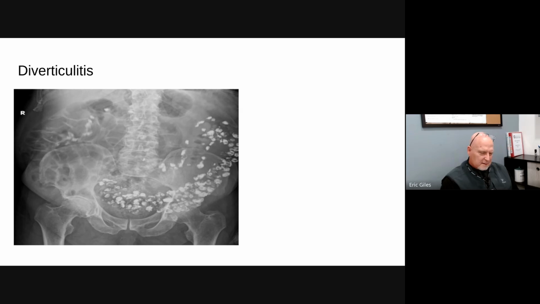And if you know what diverticulitis is, it's a small out pouch that develops on your bowel, and the contrast is actually retained in it in this picture. This person has a pretty bad case of diverticulitis, and it can be painful, and I feel sorry for the person, but kind of a neat picture anyway.